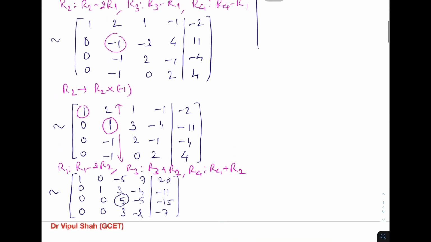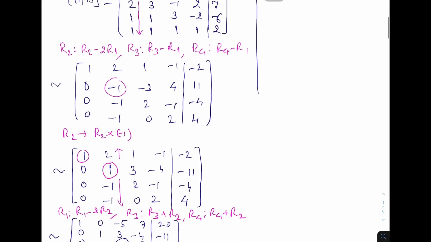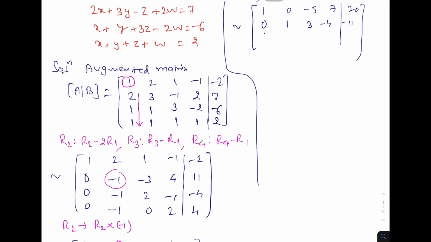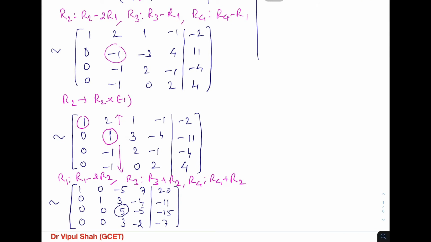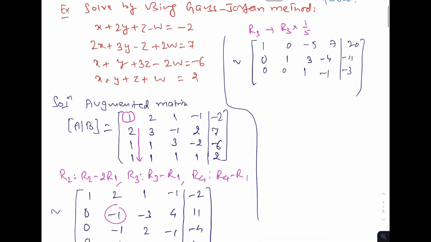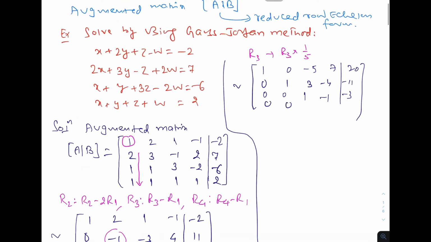Now third row 0 0 1 minus 1 and minus 3, that we divide by 5 here. And last row 0 0 3 minus 2 minus 7.